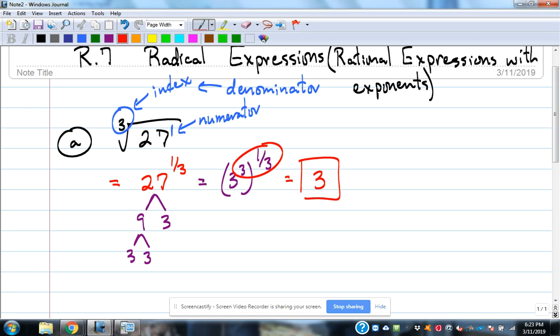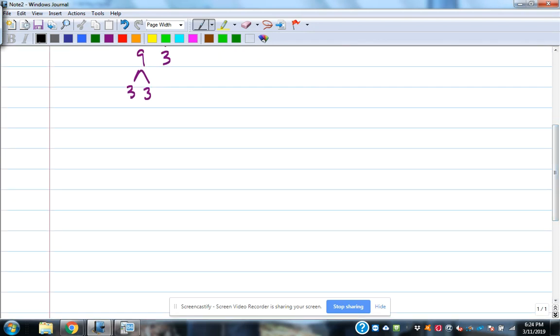Cube roots come after parentheses, because it is an exponent. So roots and radicals are exponents, and our job is to work with those in that form because it opens up all of these exponent rules that we already know how to work with, and it makes things much better when we have rules to work with.